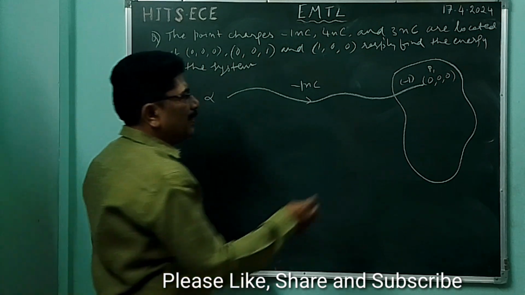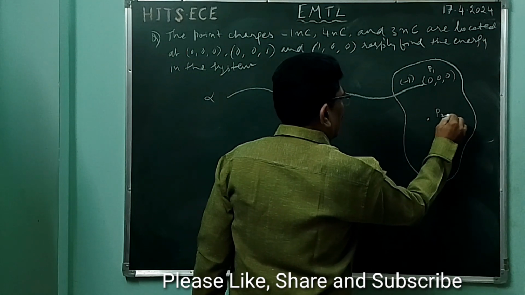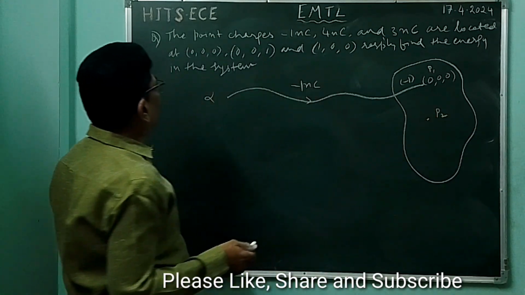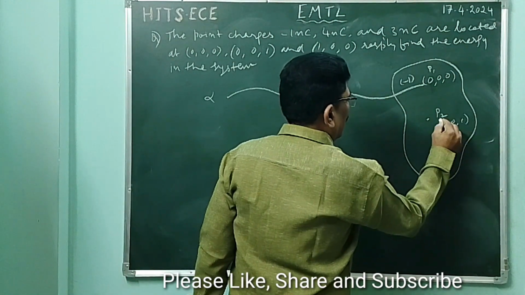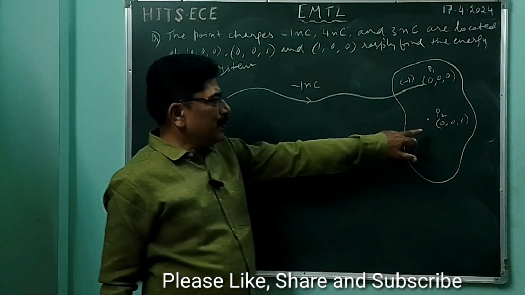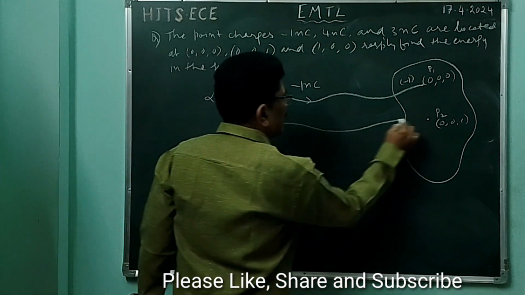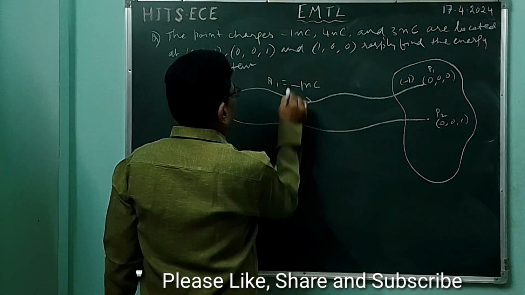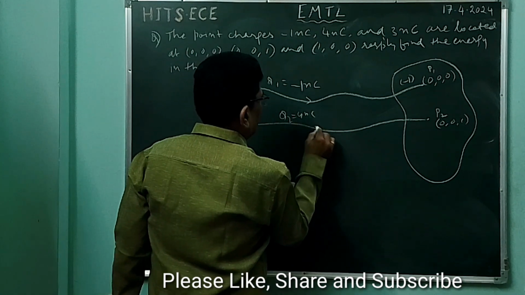Due to the electric field, electric potential will be there at P2. What are the coordinates of P2? 0, 0, 1. So we have to find out the potential at this P2 and then multiply with the charge. Q2 is 4 nanocoulombs, and this should be moved.